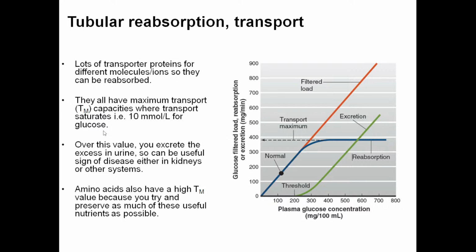And besides glucose as a high threshold substance, amino acids also have a transport maximum value, because amino acids you are trying to preserve as much as possible, as they are useful nutrients for the body.